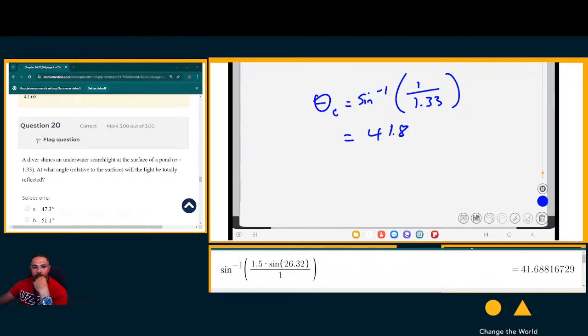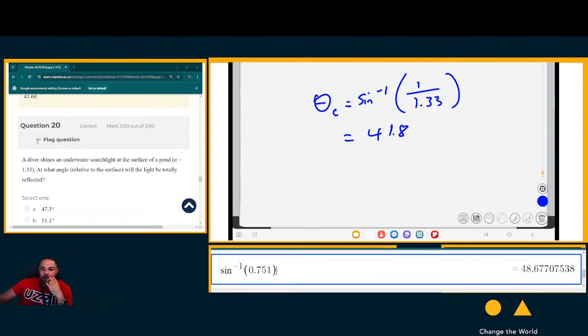Oh, here it is. Let's check. The sine of 41.2, which is what we should get.